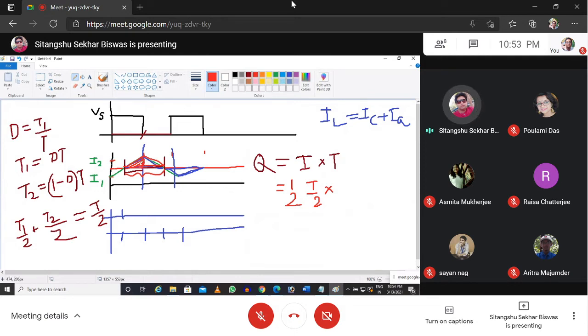This is the ripple, the inductor ripple current, which I am calling del L. So that is del L by 2. T is the time period, so in terms of frequency, that is del L by 8F.